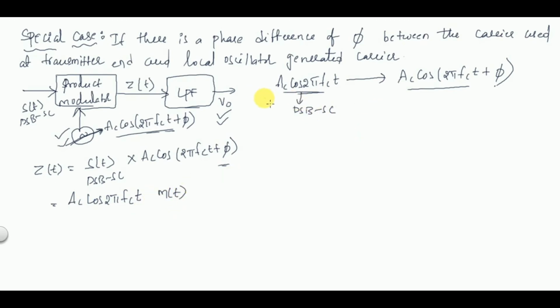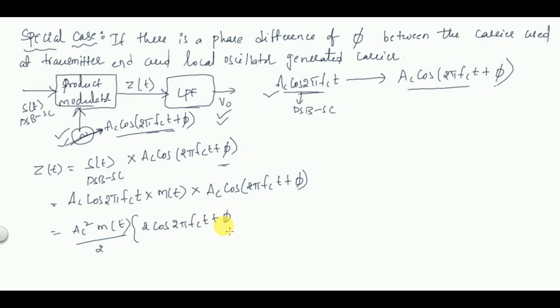This is multiplied by Ac cos(2πfct + φ). So Ac into Ac becomes Ac squared, with m(t) taken common. I am dividing by 2 and multiplying with 2 cos(2πfct + φ) into cos(2πfct). Okay, so this is of the 2 cos form.